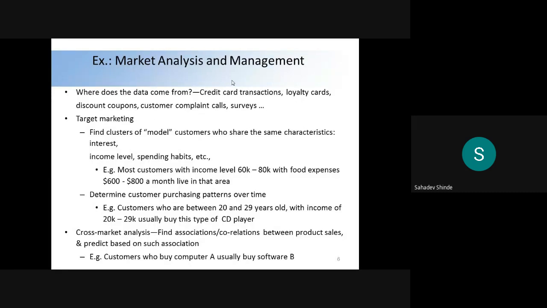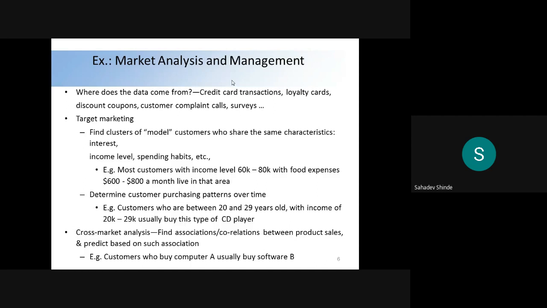So what is target marketing here? Target marketing is finding clusters of model customers who share the same characteristics, that is, interest, income level, and spending habits, and so on. For example, most customers with an income level of 60K to 80K and food expenses of $600 to $800 a month live in that area.